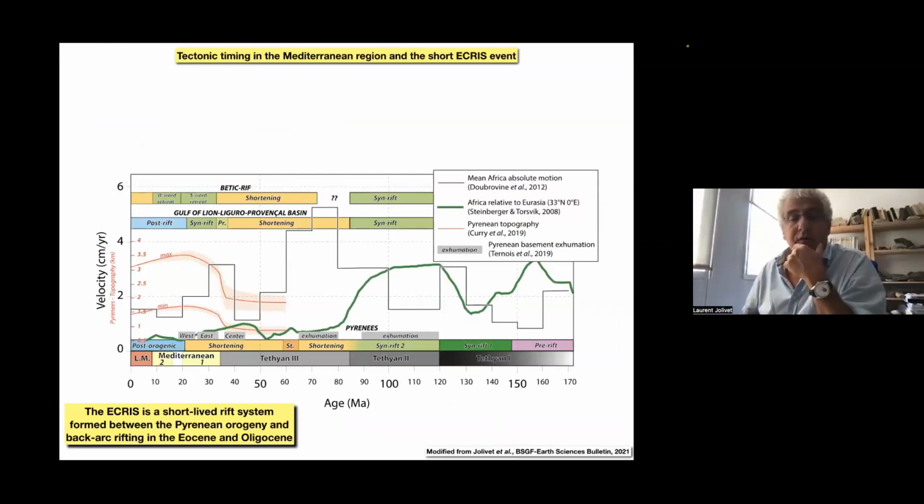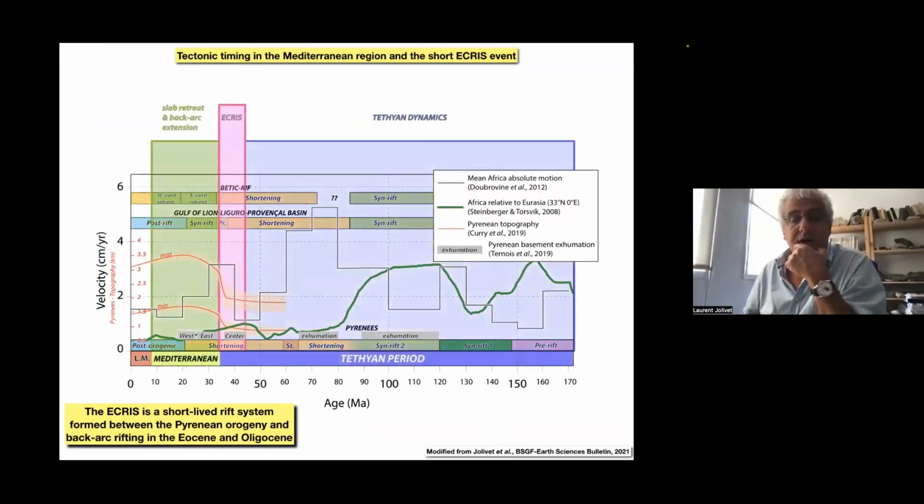Then on this rather busy diagram here, you have the ages on the horizontal axis. You see that on the lower part of the diagram, one can divide the geodynamic history of that region between three main periods. What I call the Tethyan period, that's before 35 Ma, where you built most of the mountain belts there.